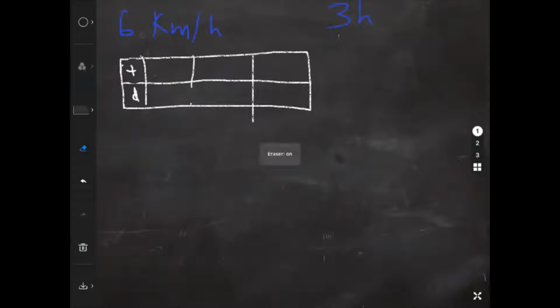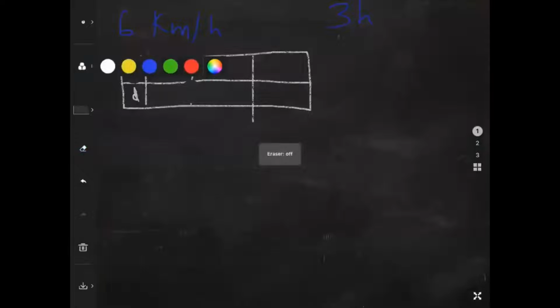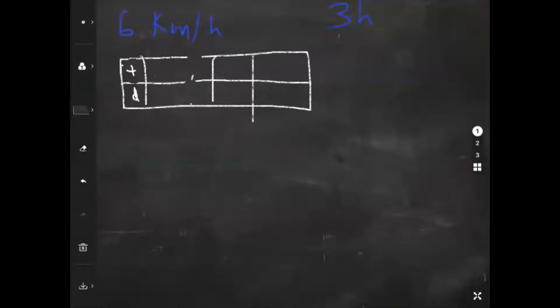Actually, let's separate it into 4 blocks because we can use 0, 0 as our starting point. Let's fix that table up. Let's go 0, 1, 2, and 3 as our time. So we've got our 0 hours, 1, 2, and 3 as well.